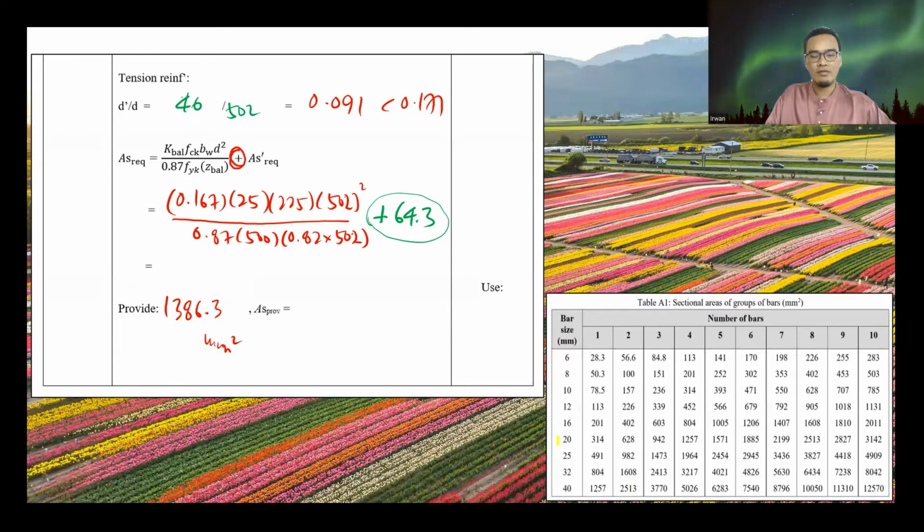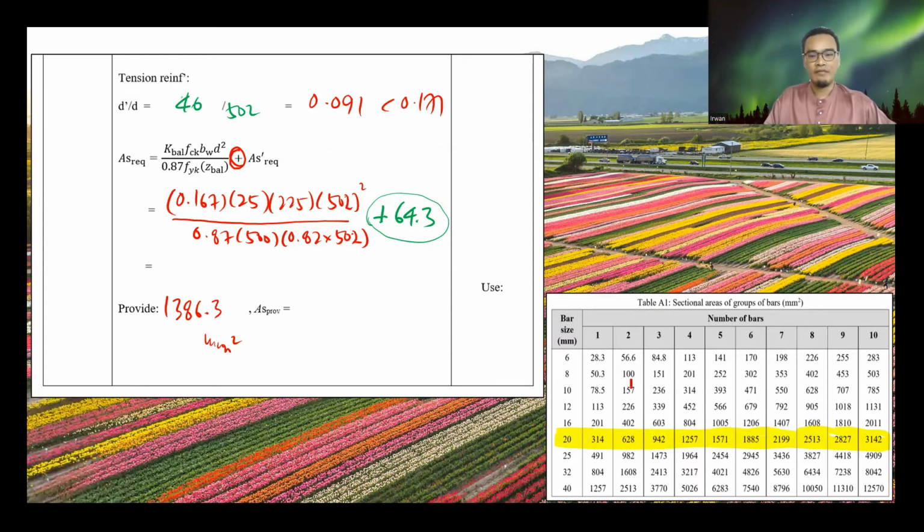You use 20, so you refer only to 20, I mean the row of steel bar size 20. Only refer to this row. So any idea?